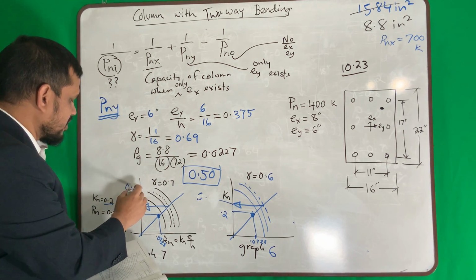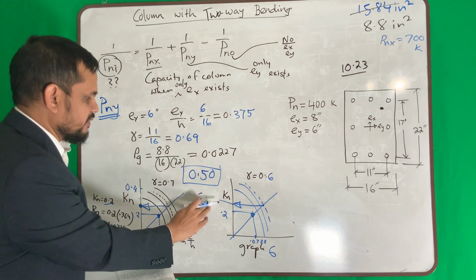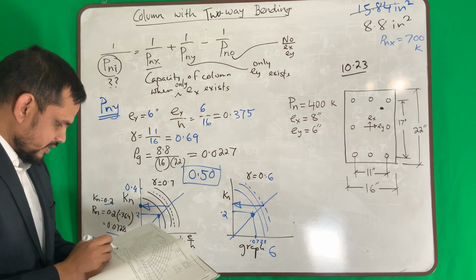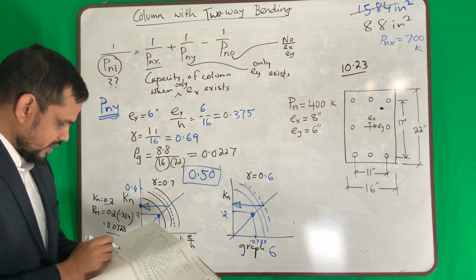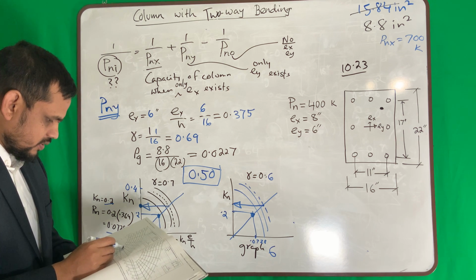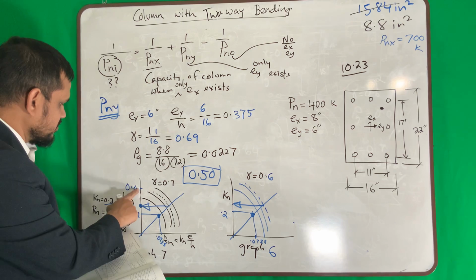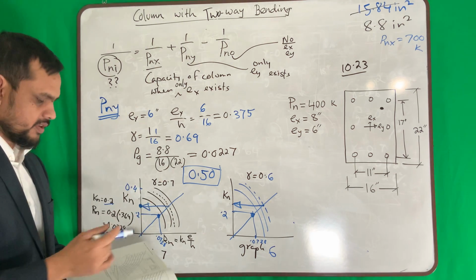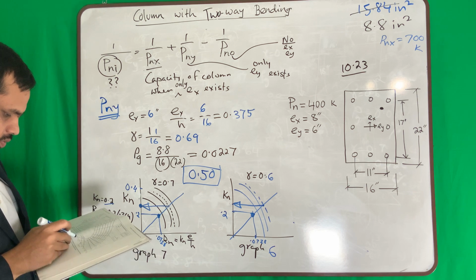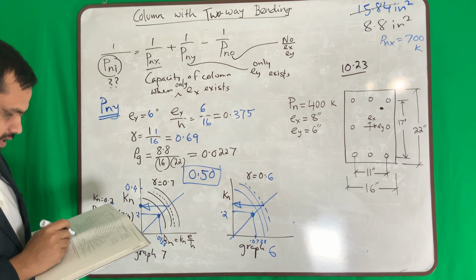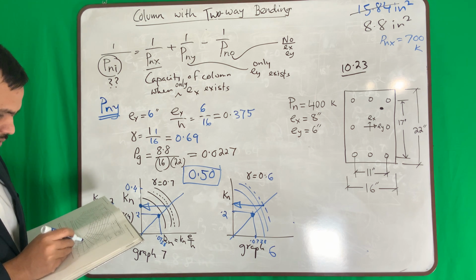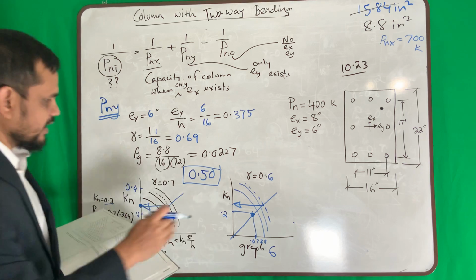Let me check again, 0.2 and 0.07 here. If I interpolate, then if I go to 0.6, if I interpolate here to there, it is coming 0.39.